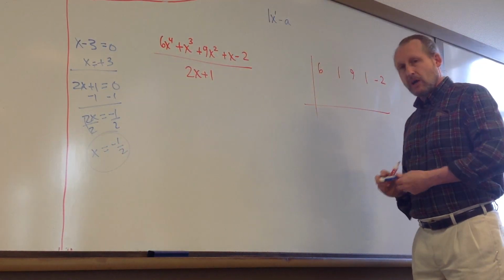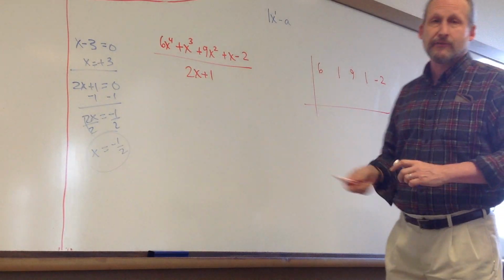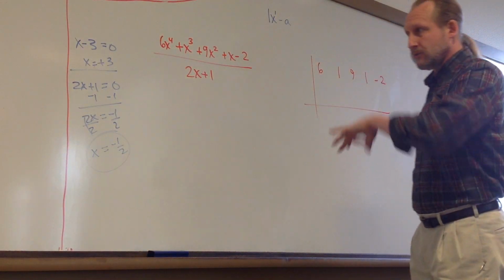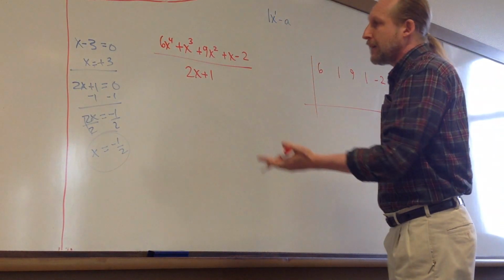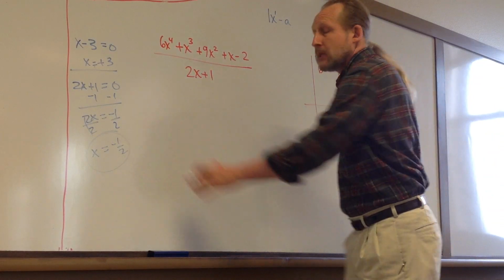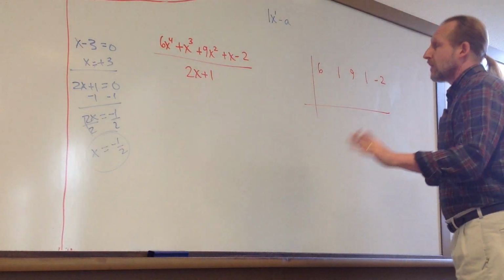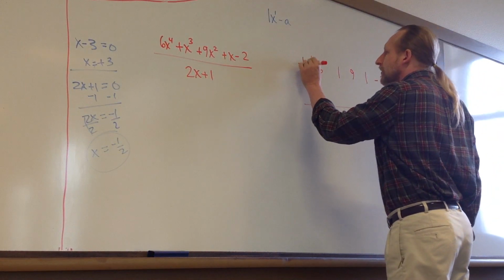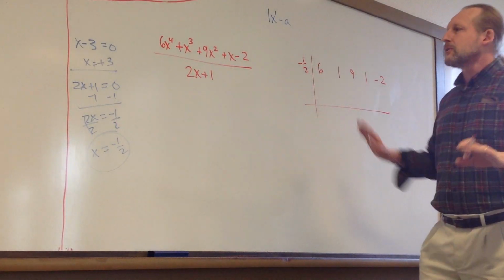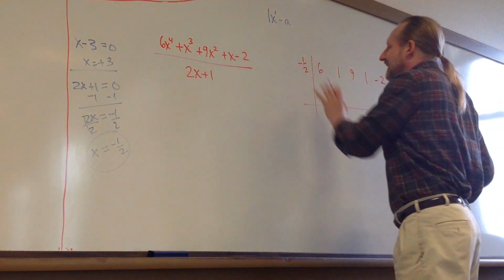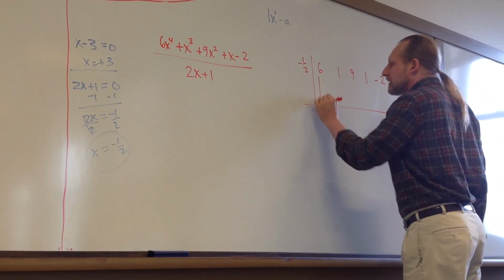Okay? I'll try to talk about what is happening here and why using the minus 1/2 works for us. All right? So let's go ahead and do it first, and then I'll talk about how to get the answer out of this. All right, process is the same.